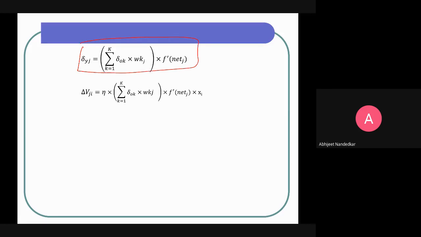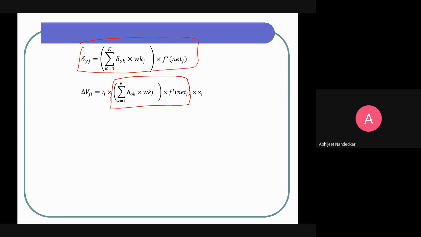This delta Yj is again multiplied by its input. This is the same procedure repeated for every layer. In the earlier case it was its input; now for the hidden layer it has its input multiplied by its delta signal.